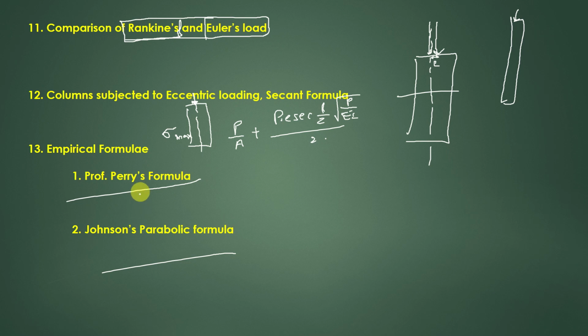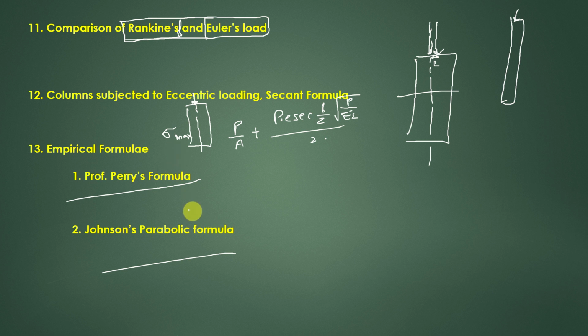So these formulae give some standard parameters in order to find the loads and stresses. These are purely empirical. That means, considering a lot of experimental analysis, they found these two formulae, and the standard values are obtained from the experimental results.